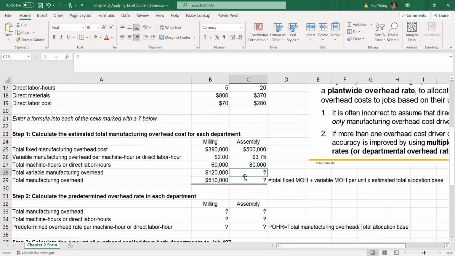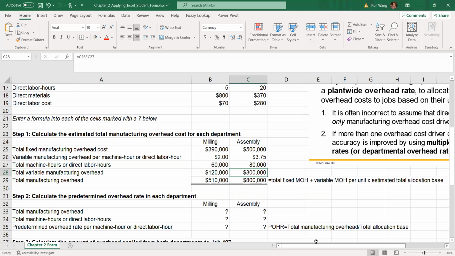But for the next two, I can directly copy, because I will calculate the total variable cost and the total manufacture overhead. These two I can group together, wait for the cross and drag it to here, and they will do that.